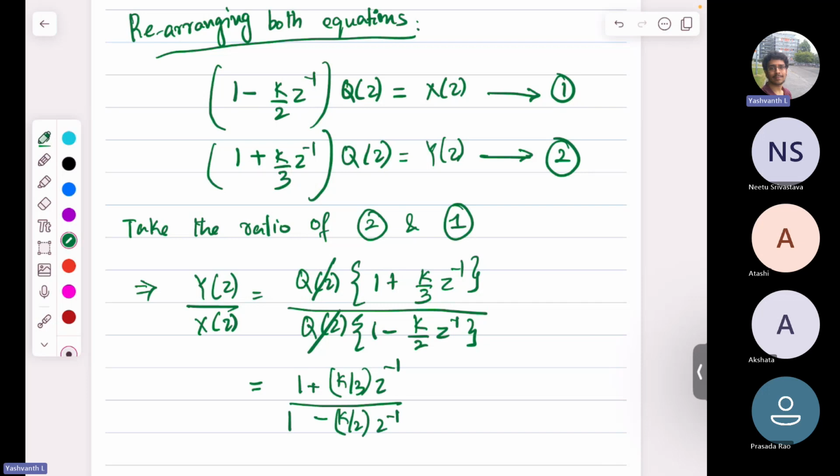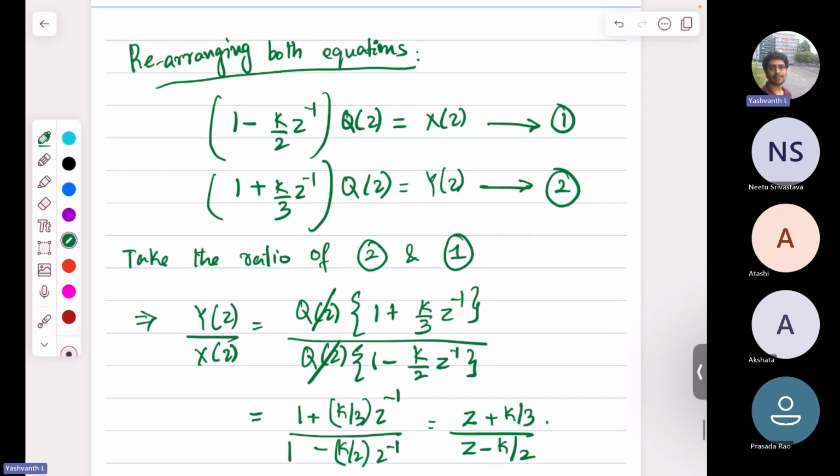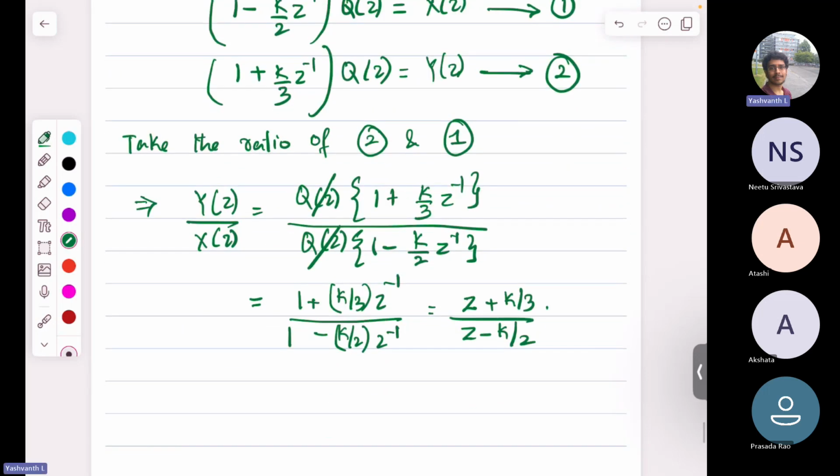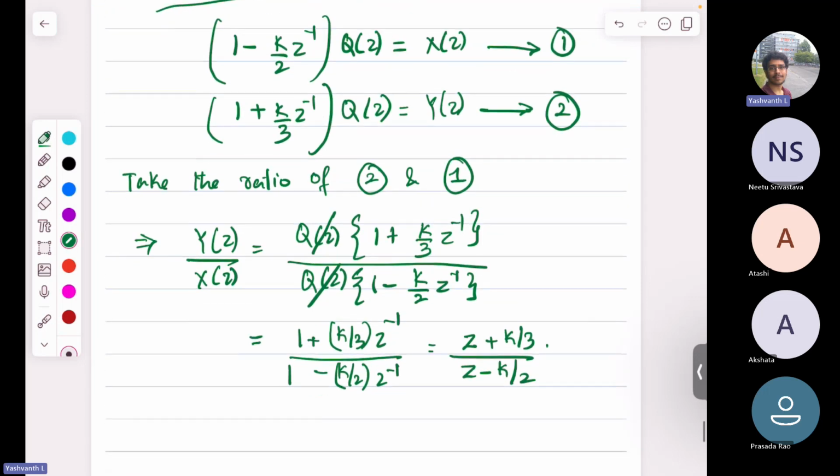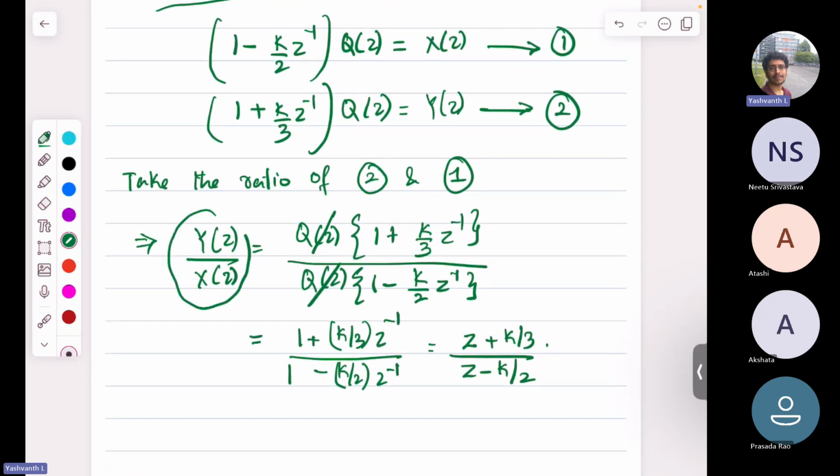So multiply z on numerator and denominator, it becomes z plus k by 3 by z minus k by 2. Okay, so basically we have gotten the system function of the system. Why? Because this y by x is nothing but h of z. Okay, so now we have got the system function.